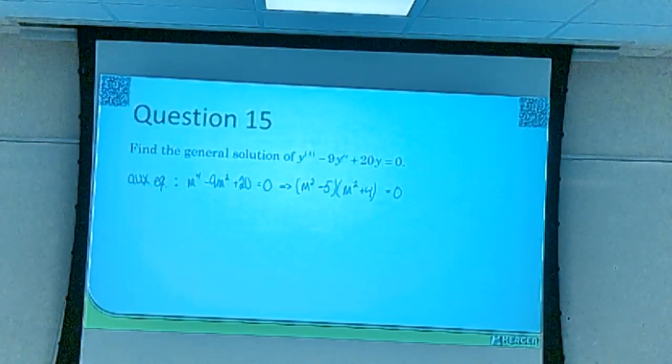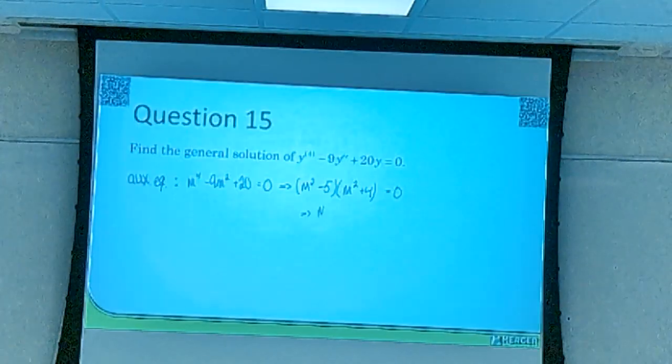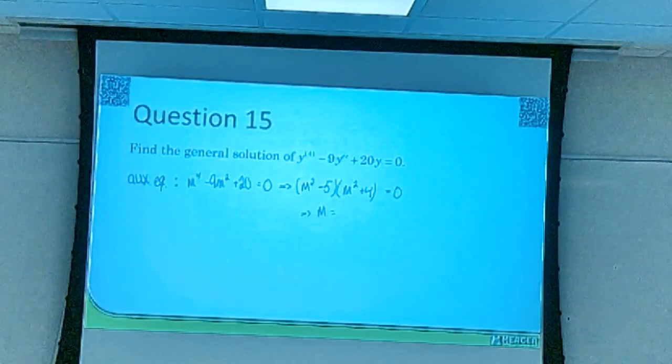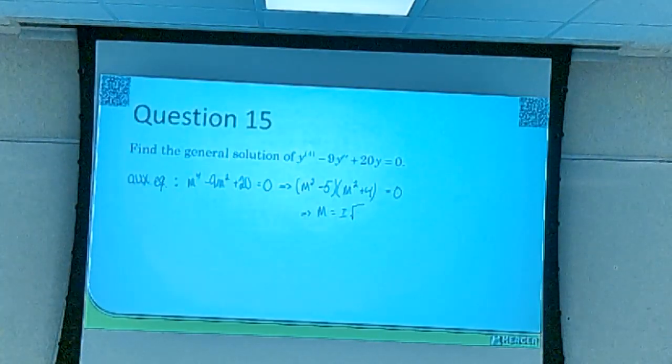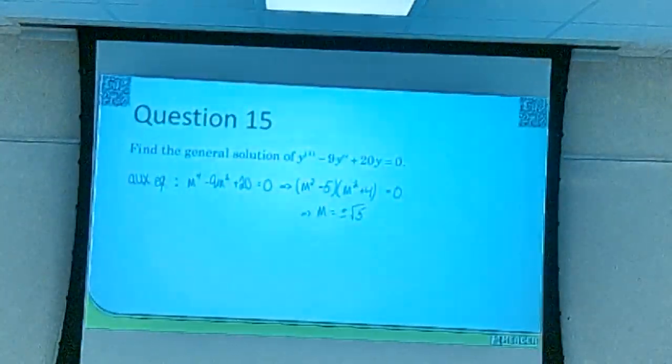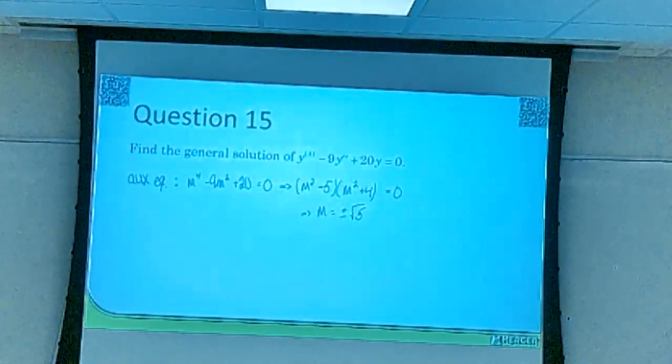What are your solutions? You have plus or minus the square root of 5, and plus or minus 2i.